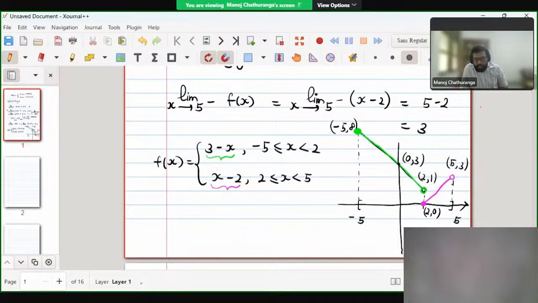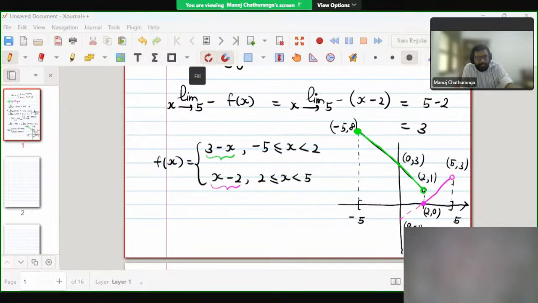If you extend this purple color line, it would hit the y-axis at -2. Yeah, we know everything about lines. Right?